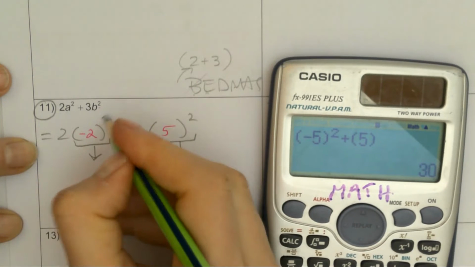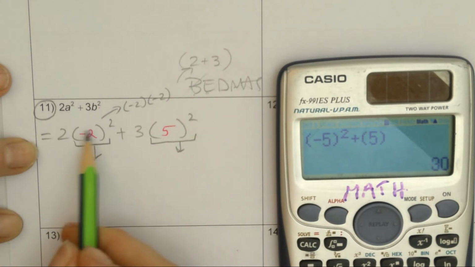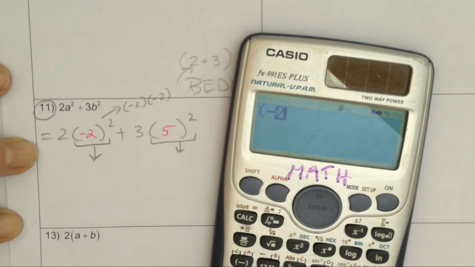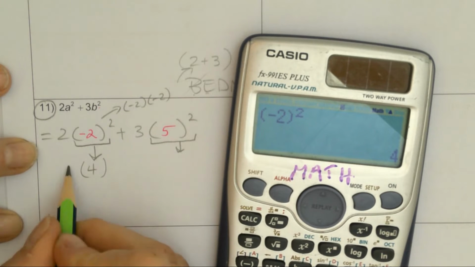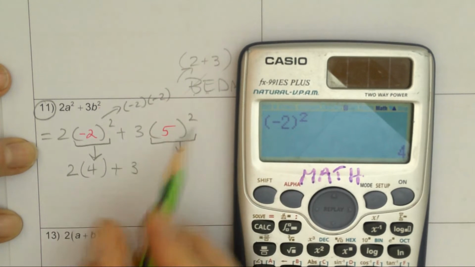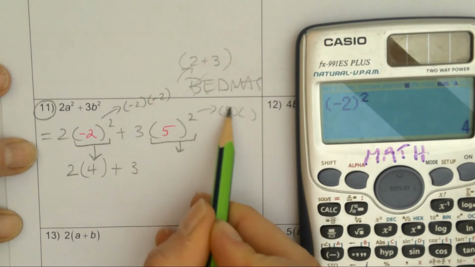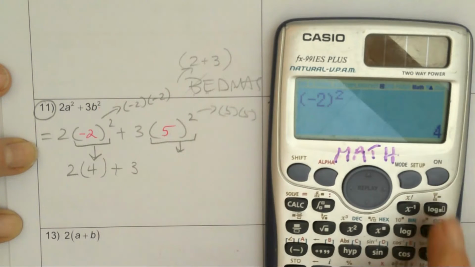So this is really negative 2 times negative 2, because it says write these brackets twice, but I can use my calculator. Negative 2 squared, that's 4, because negative times a negative is a positive. And here, write your brackets twice, and it's a 5 inside there, so 5 times 5 is 25. Let's check.